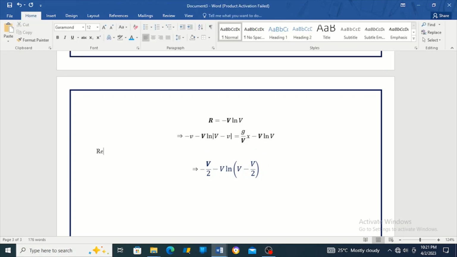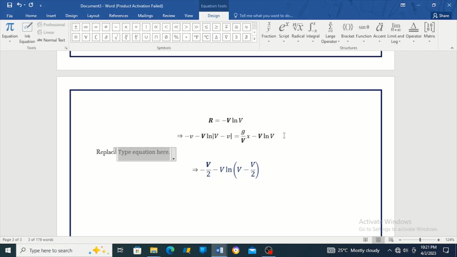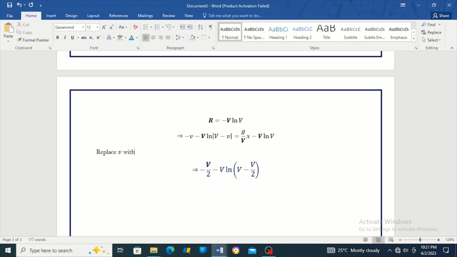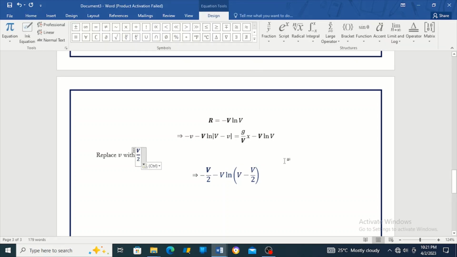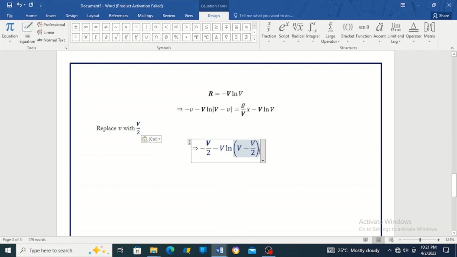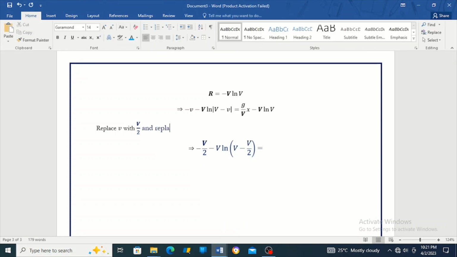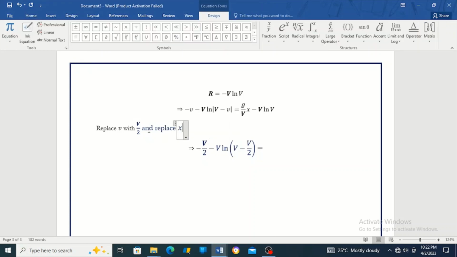Let me write so you get it. Replace v with V on 2, to be equal to, and we replace x with s, the distance. So we replace s with s.